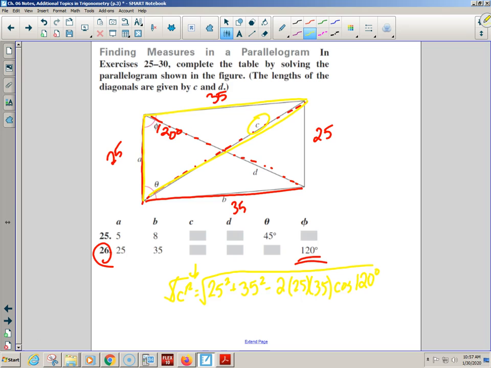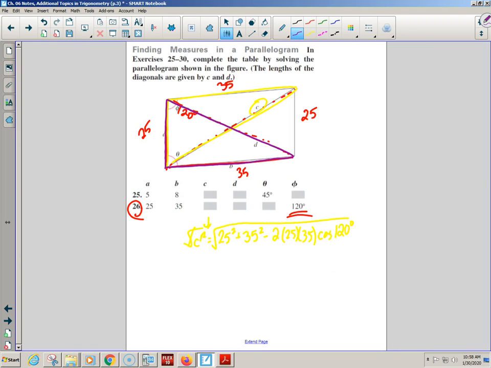The question is, how do I get D? I have two sides, but what's over them? I'm just typing in the 25 squared plus 35 squared to have an answer. I'm making sure I'm in degree mode though this time.